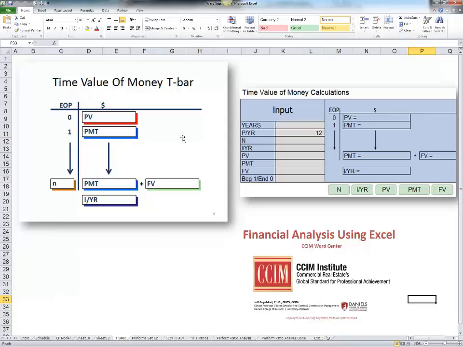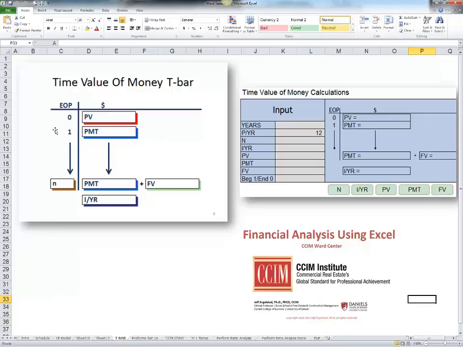Any kind of time value of money problem can be solved using this T-bar. Now, if it's a complex time value of money problem, and we'll demonstrate some of those, you'll have to use more than one T-bar, but you can certainly solve any time value of money problem using this T-bar.